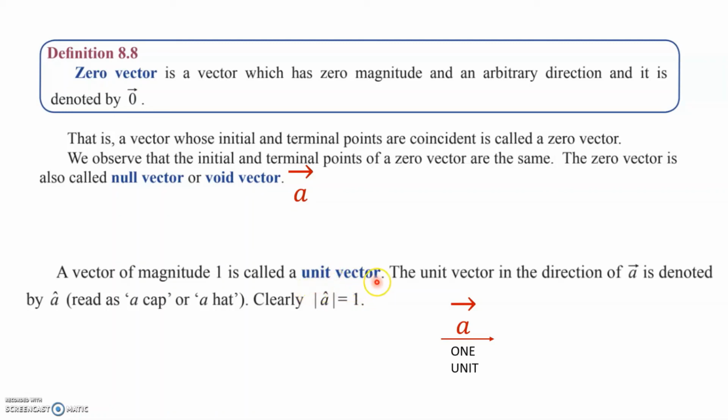Now let's go to unit vector. Unit vector means it's got just one unit length. If it's say 1 kilometer, it's 1 unit length, or it can be 1 meter, can be 1 centimeter. So the length is 1 unit, right? And this is represented with a cap like this. And if I take the mod of this, it's going to be equal to 1, right?